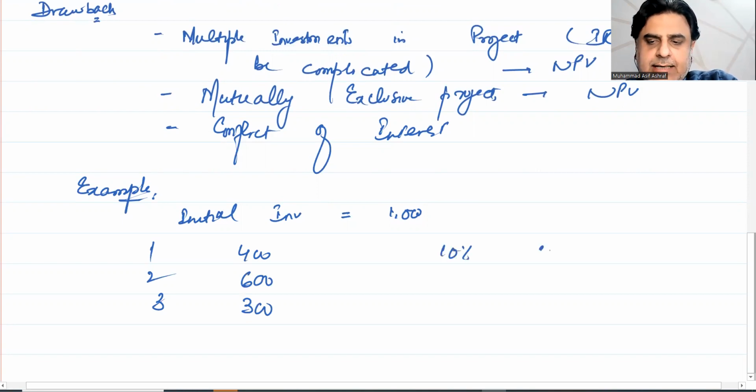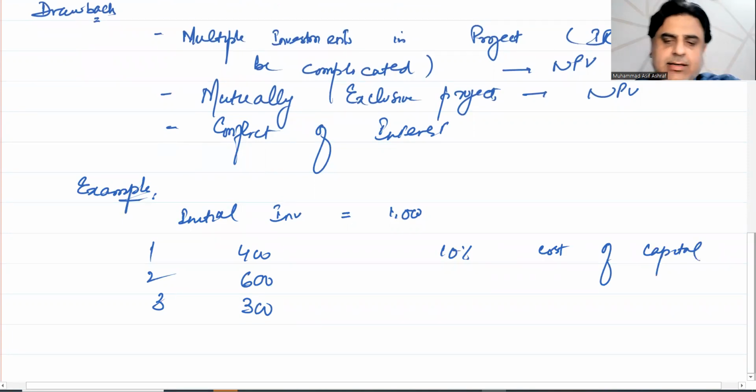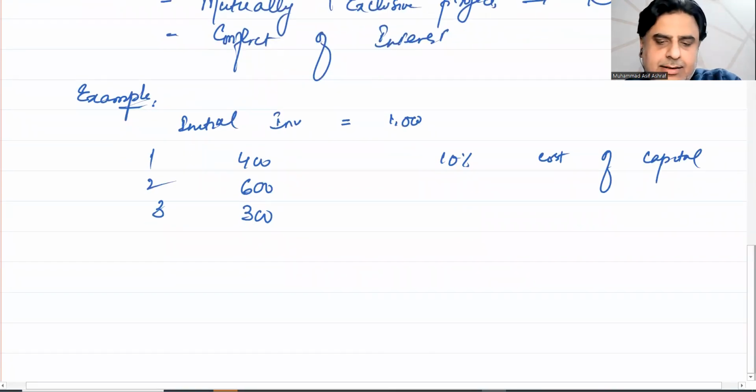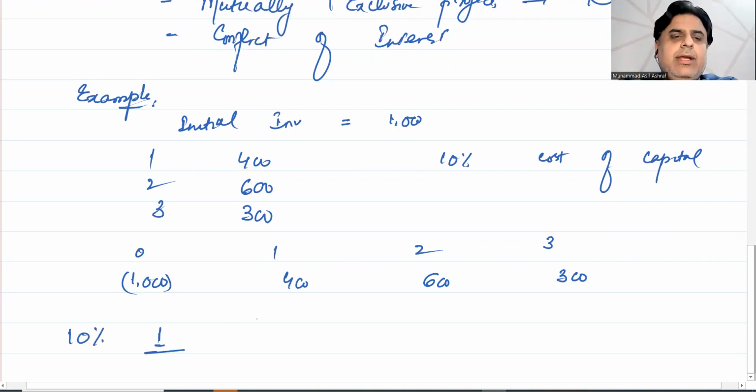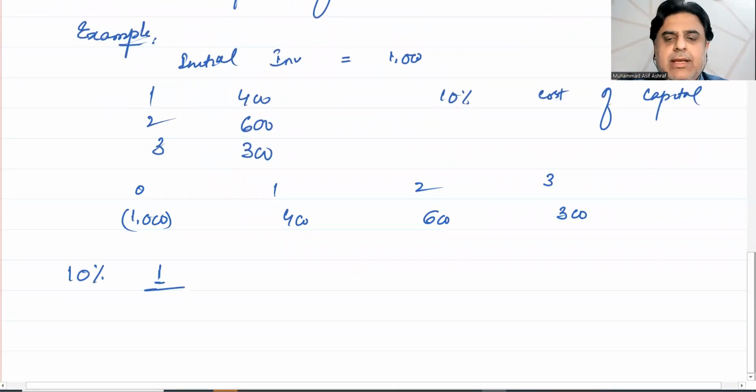Assume 10% cost of capital. Years 0, 1, 2, 3. In year 0, you have an investment of 1,000, then 400, 600, 300. Take the cost of capital as the first discount rate. Remember, you want a discount rate at which the NPV would be positive.